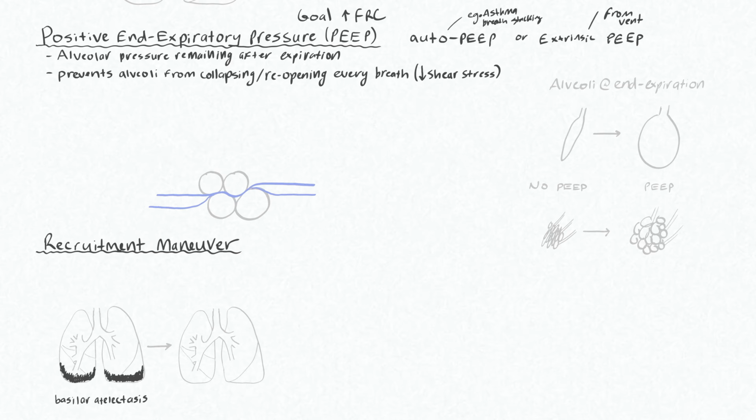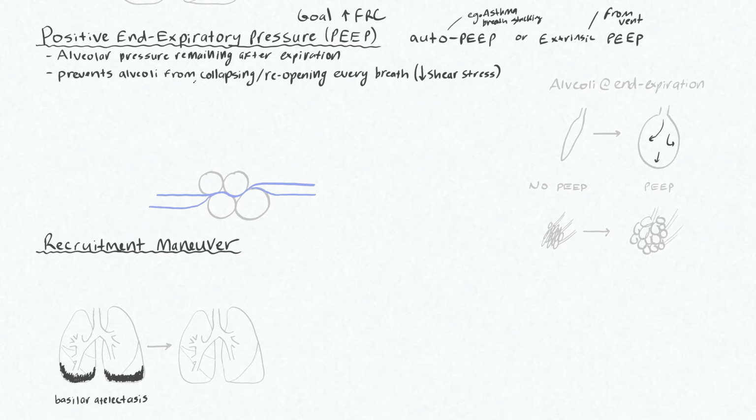And certainly a little bit of PEEP from the ventilator is a good thing, but you can imagine situations where having a lot of pressure left over in your alveoli at the end of your expiratory phase, in asthma, causes big problems. There is a range of acceptable PEEP, and then also amounts of PEEP that are potentially dangerous as well.